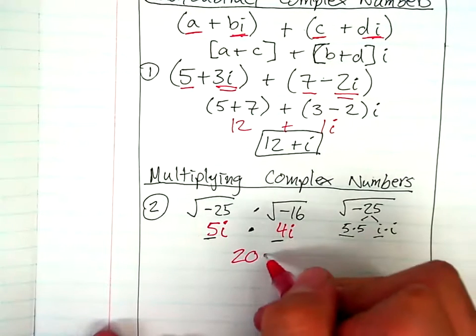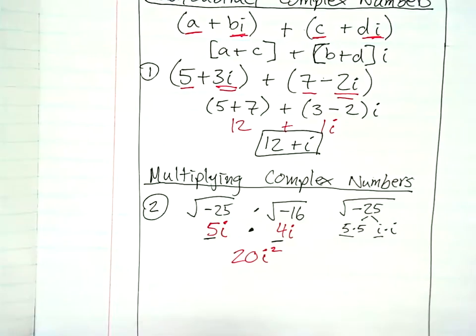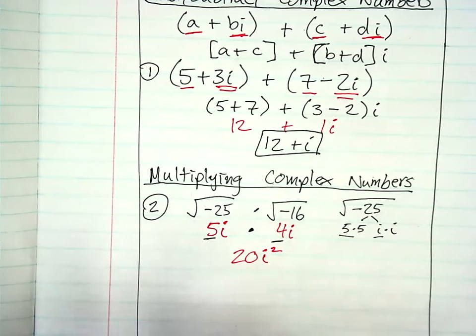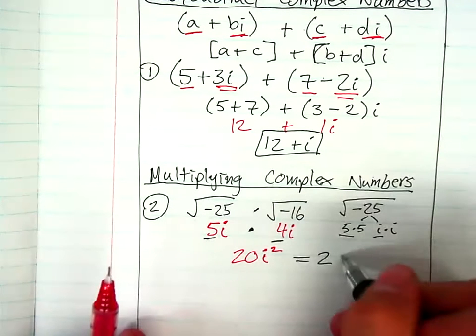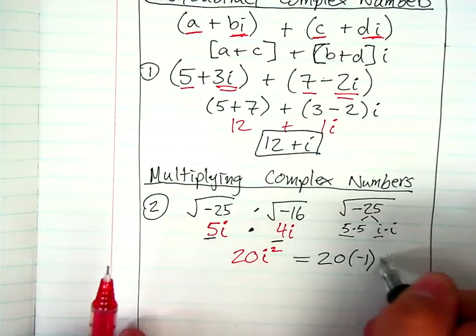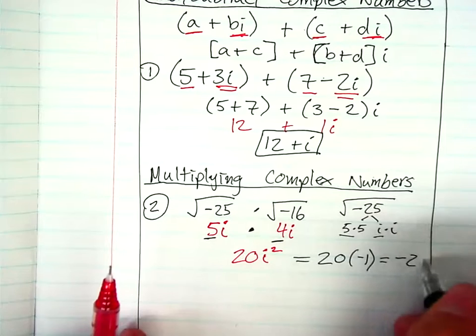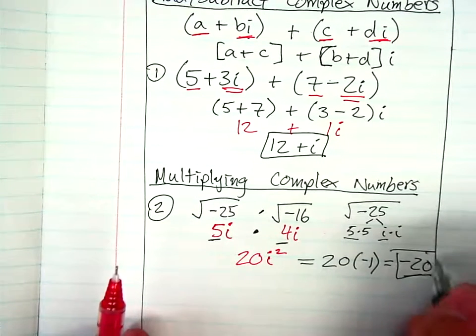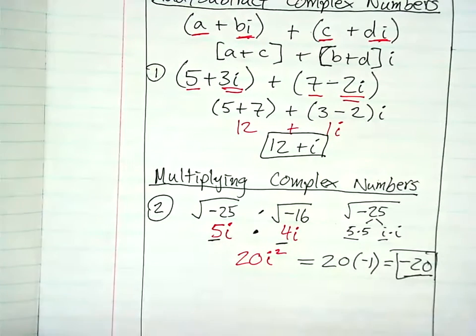You get i and i, which is i squared. i squared actually becomes negative 1, just as I mentioned earlier. So this becomes 20 times negative 1, simplifying it down to negative 20. Okay? So multiplying these two square roots of negative numbers, we ended up with a negative answer.